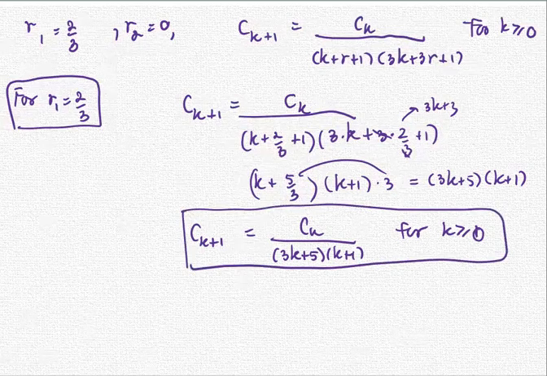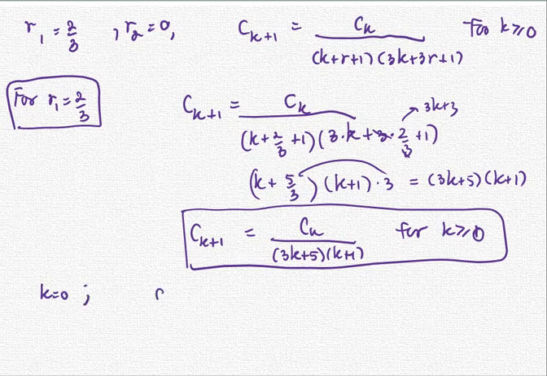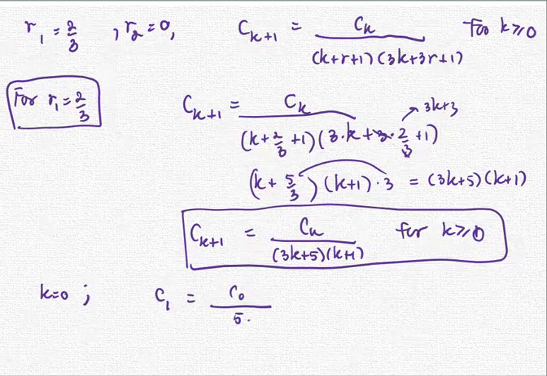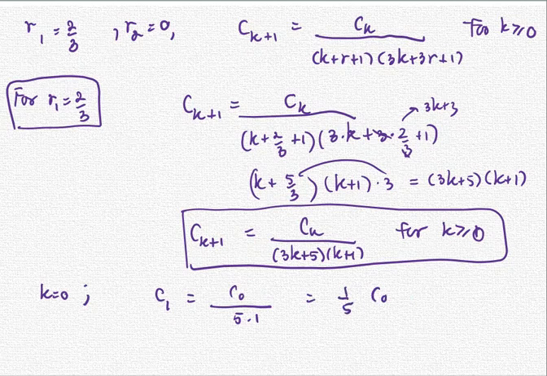And then we use this recurrence formula to find the coefficients c1, c2, c3, and so forth. For k equals 0, we obtain c1 as c0 divided by 5 times 1, or 1/5 times c0.